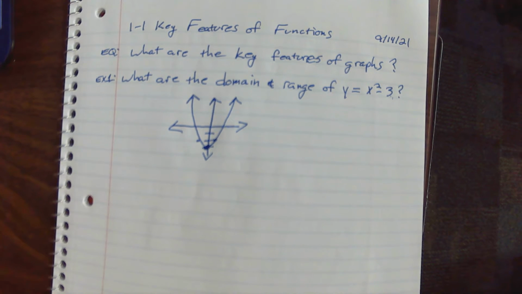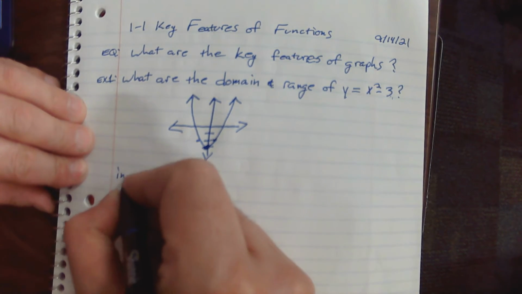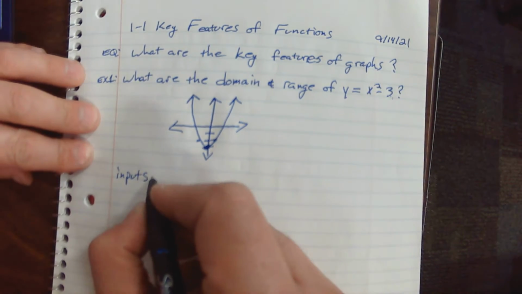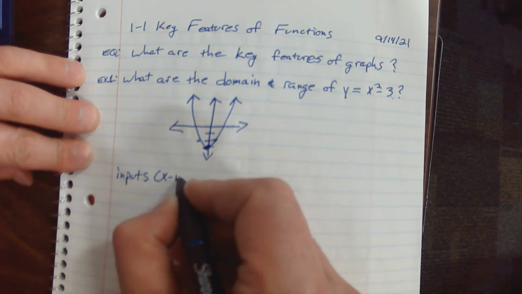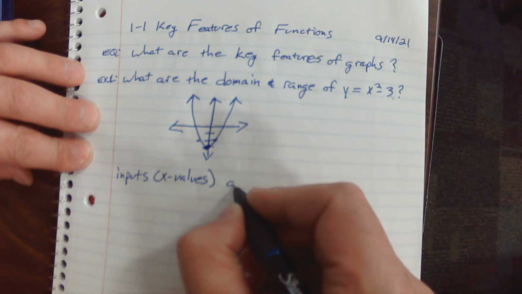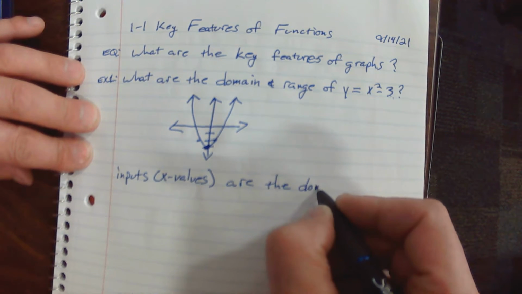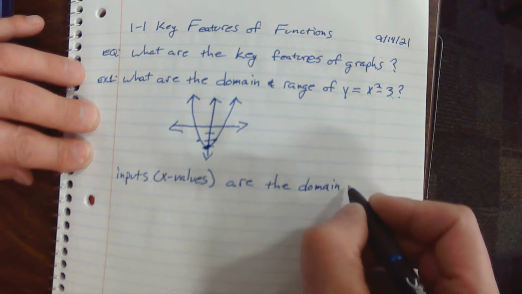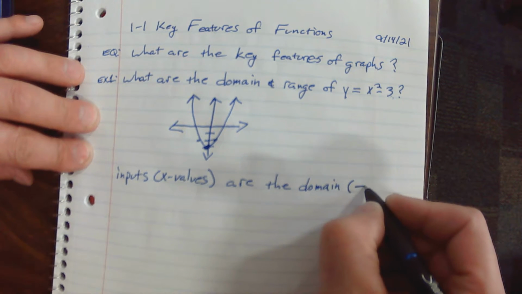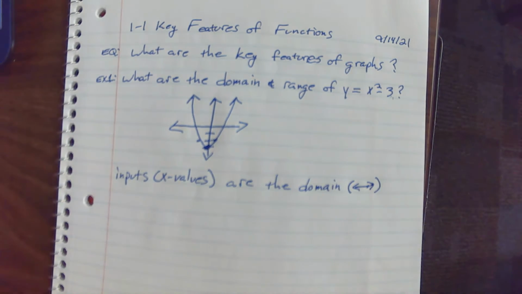First thing we need to know is what is domain and what is range. The inputs, also known as the x values, are the domain. So in other words, left and right. Left and right is domain.